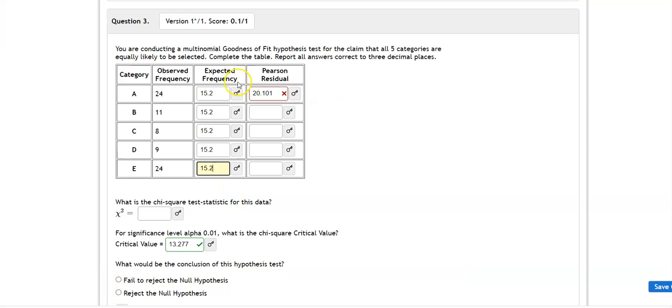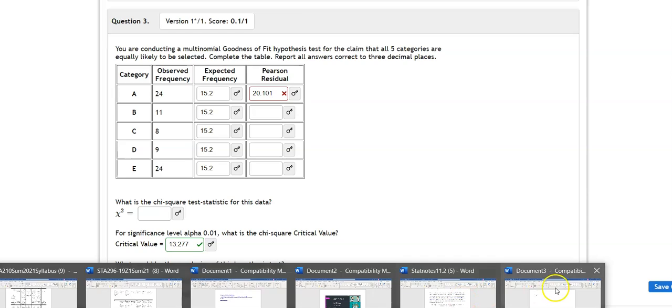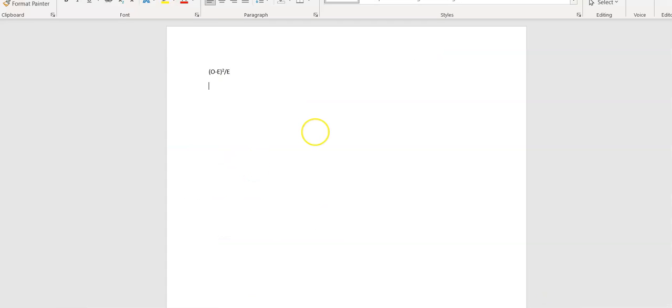If we go back here, we'll have 24 minus 15.2, squared.